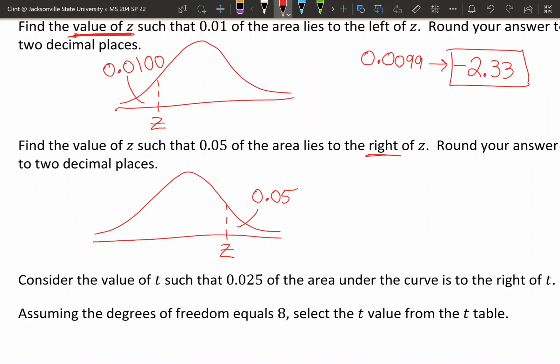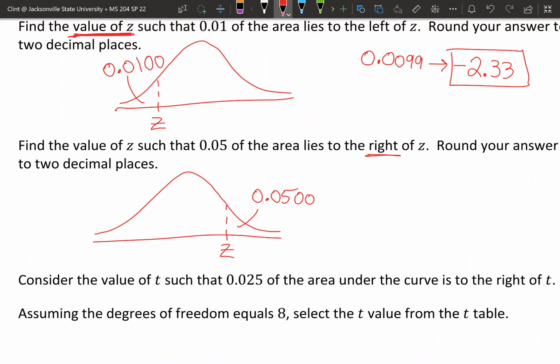So probably the shortest way we can do this is to just look inside the table for 0.0500. And then just remember that the thing we get out of the table is going to be on the left side, so we got to change the sign to make it on the right side. And this one, I believe, is one where it's exactly between two areas, which is a little unfortunate. But, let's see, 0.05.